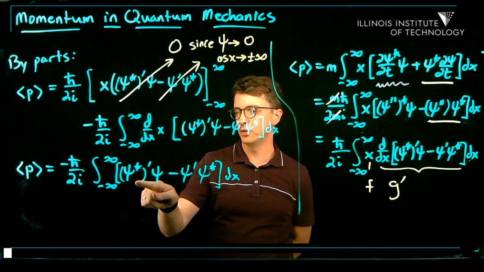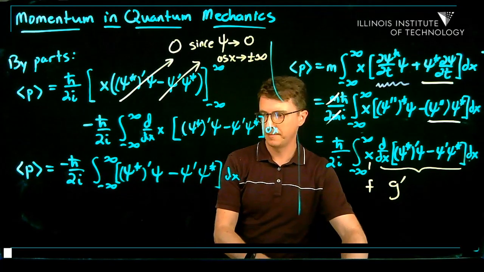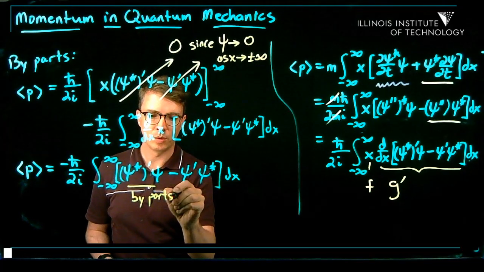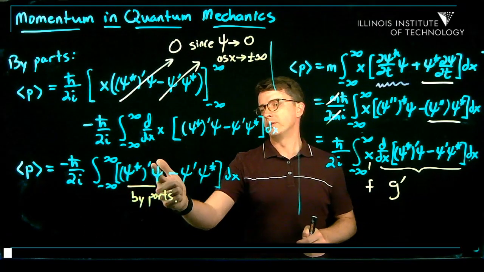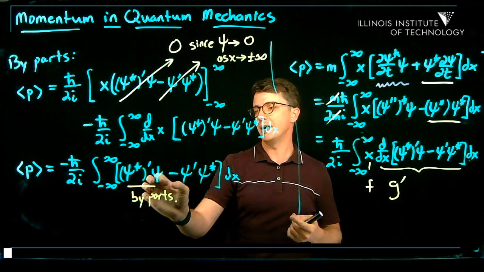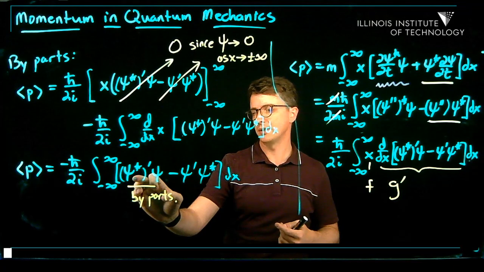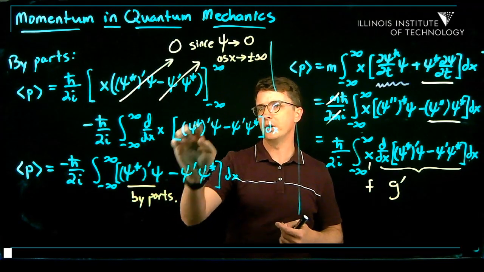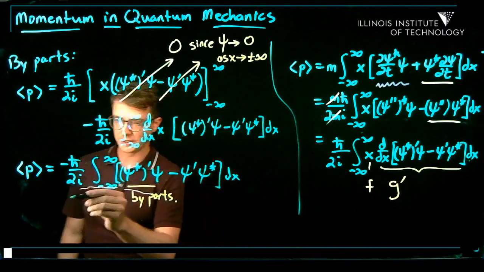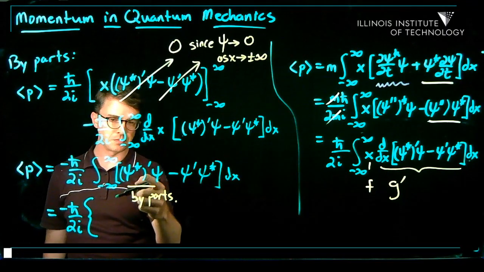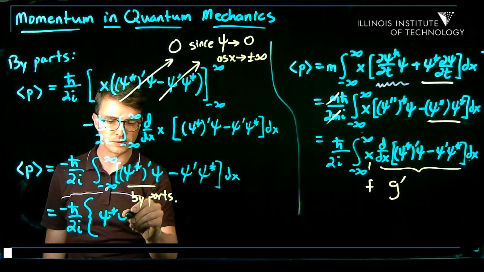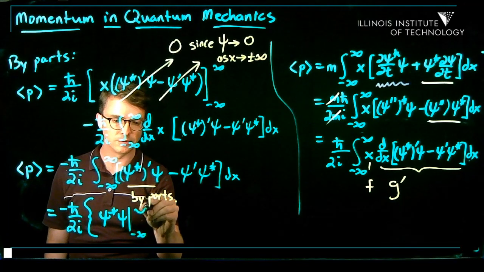Okay, I'm going to do that trick one more time on this term. So I'm going to do integration by parts on this. What will happen? The derivative will act on this, so I'll get an extra minus sign there. There will be a boundary term which looks like psi times psi star evaluated at minus infinity to infinity. But that boundary term will be 0 for the same reason. So it'll be psi star times psi evaluated at minus infinity to infinity.